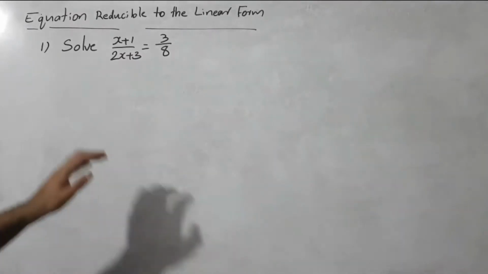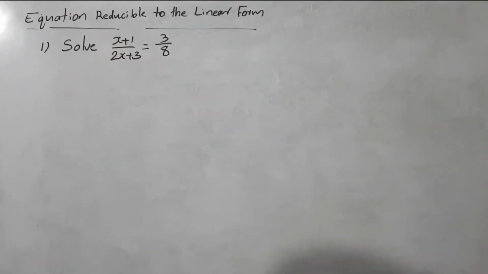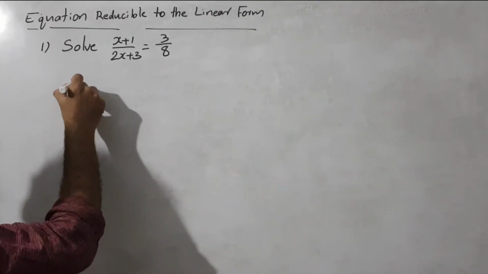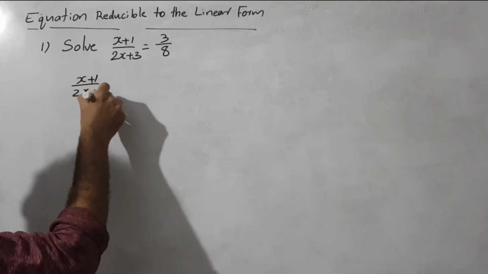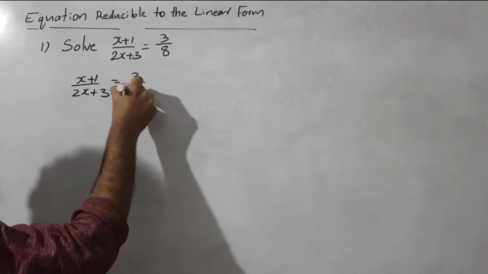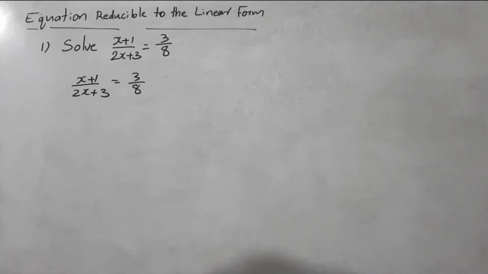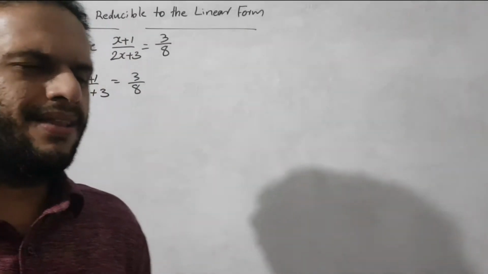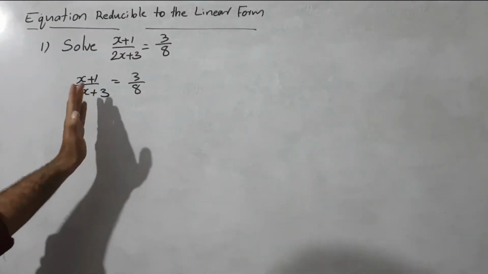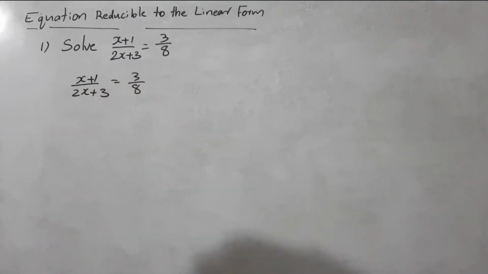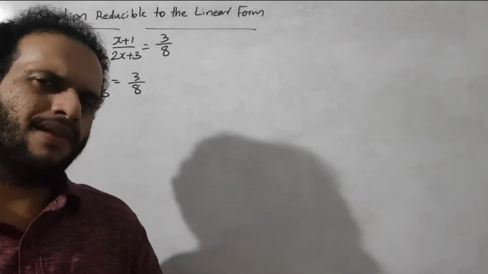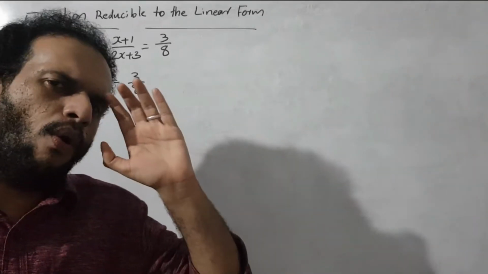The first question is: solve (x plus 1) by (2x plus 3) is equal to 3 by 8. So we started like this. (x plus 1) by (2x plus 3) is equal to 3 by 8. Then I told you in the last session, if you have a fraction on both sides of the equality sign, then there is only one step.